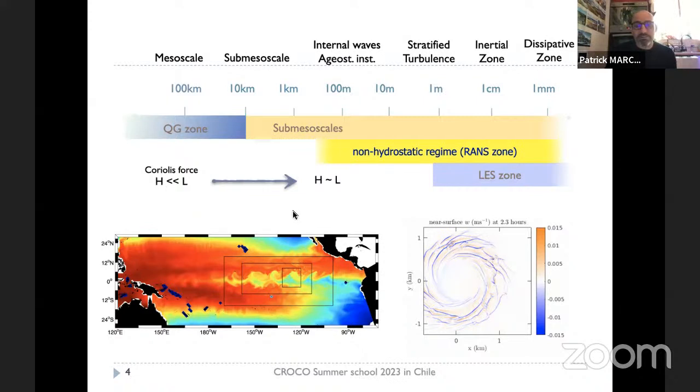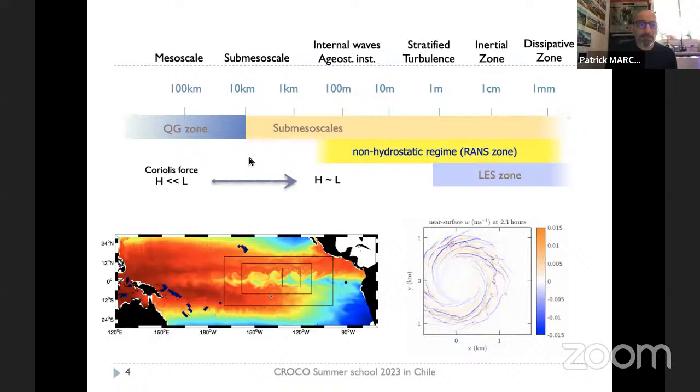But again, a new challenge is to go further into scales that were maybe not that interesting, but we now realize that a good knowledge of these scales is important when we want to understand the interaction between the large scales and the small scales, and how the flow behaves. So starting with internal waves and ageostrophic instabilities, we slowly go to processes where the flow structure is three-dimensional.